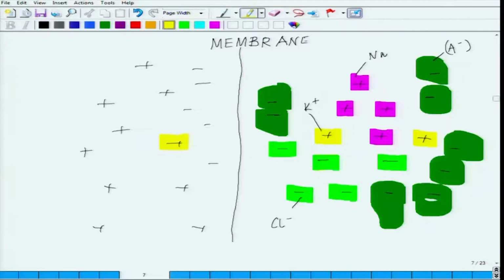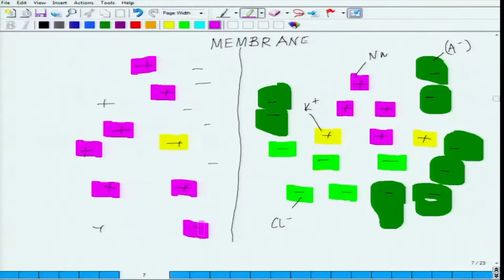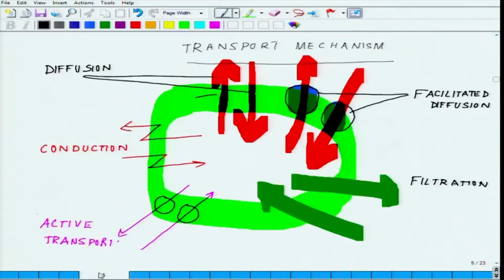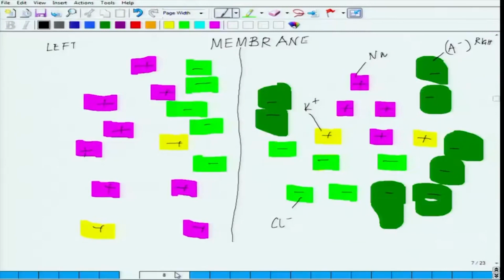You have this potassium, and then a lot of sodium outside. Then one more potassium out here, and a whole bunch of chlorides present out there. This is me facing it, this is the left and this is the right.